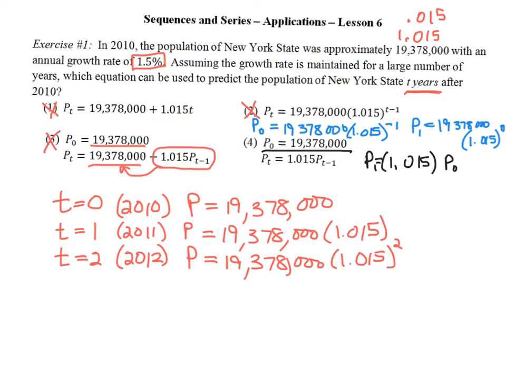P1 should be the original population multiplied by 1.015. If I want P2, that should be 1.015 multiplied by the population in year number 1. So yes, each time I'm going to the next year, I'm multiplying the previous year by 1.015. So here is the correct answer for that question.